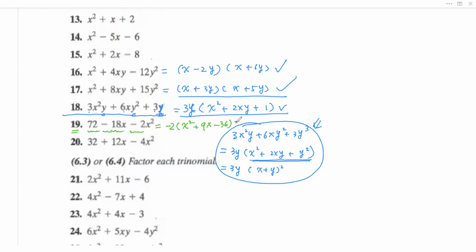Now we need to factor -36 into two factors whose sum is positive 9. We can use 12 times -3, so the sum of these two becomes positive 9. So this can be factored as x plus 12 times x minus 3.